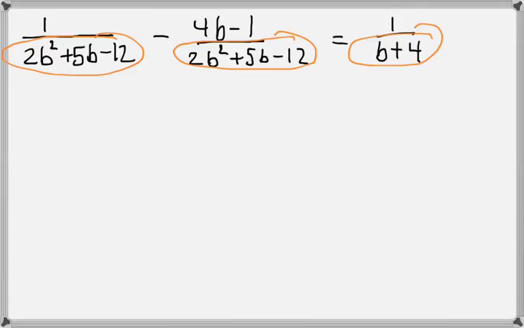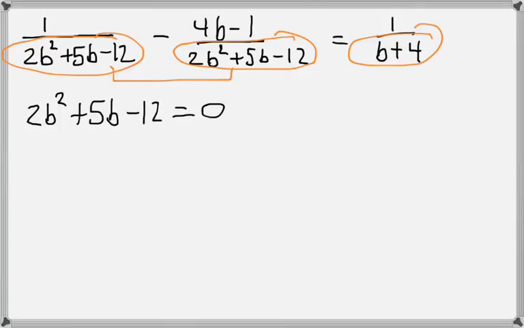If you notice, these two are the same, so I only have to do that one once. So I'm going to set 2b squared plus 5b minus 12 equal to 0, and I'm going to set b plus 4 equal to 0.